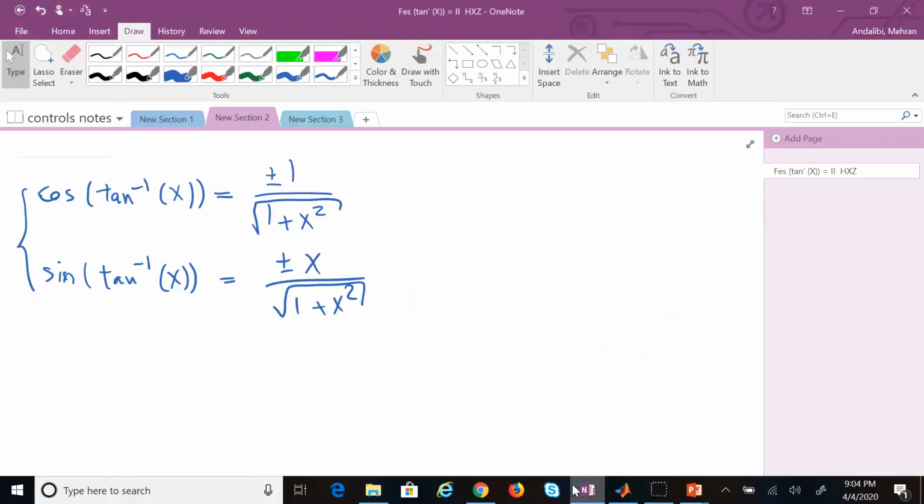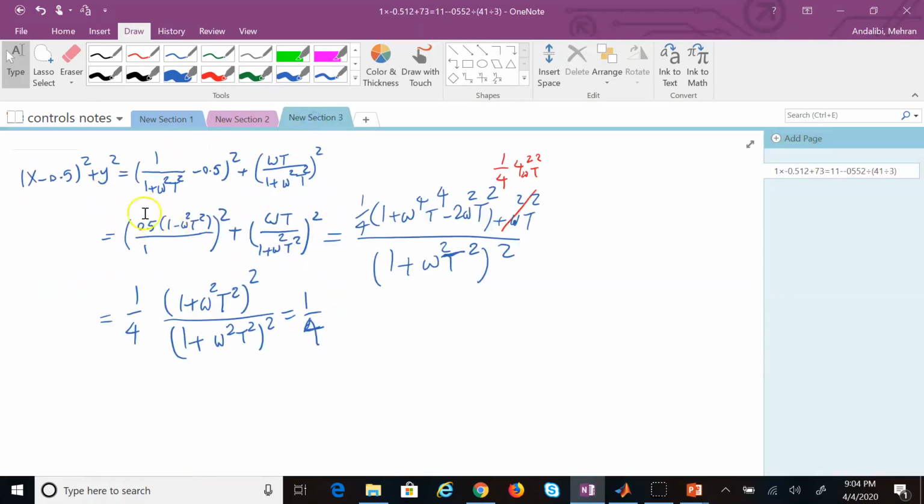And here, by the way, these are the two trigonometry formulas that I said you need to know: cosine of tangent inverse and sine of tangent inverse. So these are the two useful formulas from trigonometry. And here I have proven for you that in that plot, if you square x minus 0.5, which is the center, squared, plus y minus 0, which is the y of the center, squared, and do the algebra, then you can show that this quantity is equal to 1/4, which is also 1/2 squared.